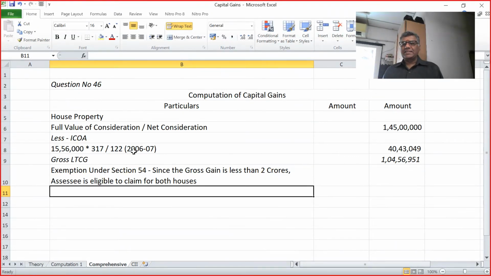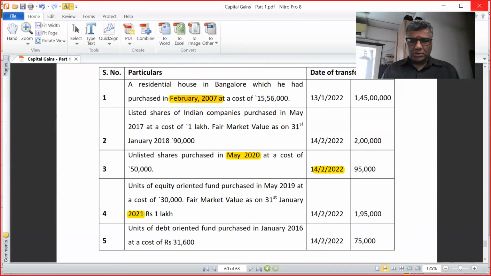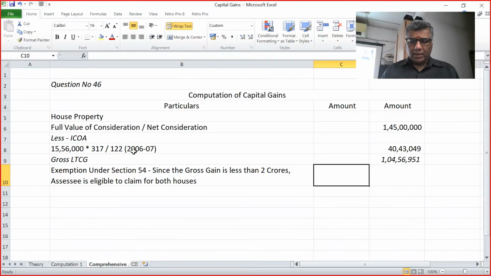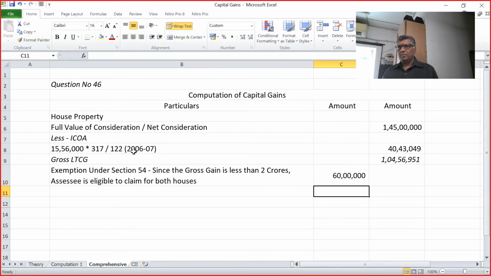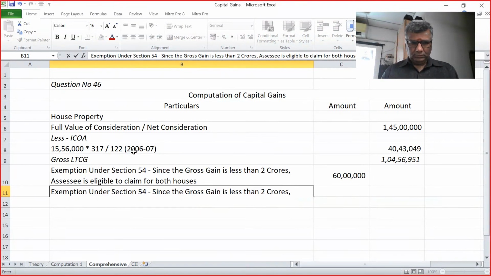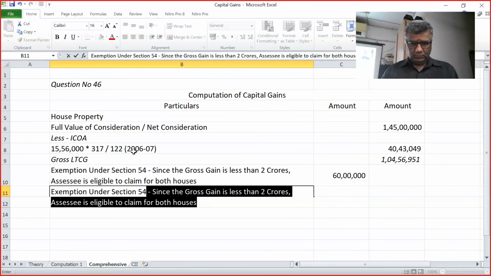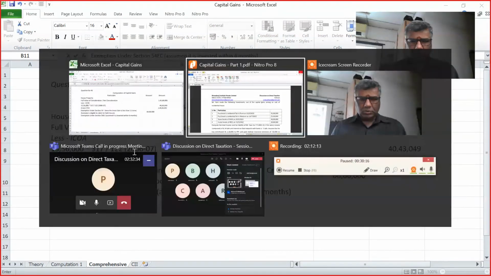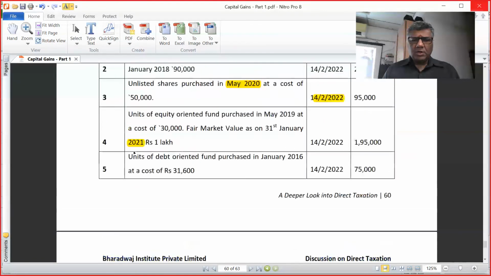The gross gain is less than 2 crores, so I can claim for both the houses. It is 35 lakhs plus 25 lakhs. They have given the date itself, 3 and 5.